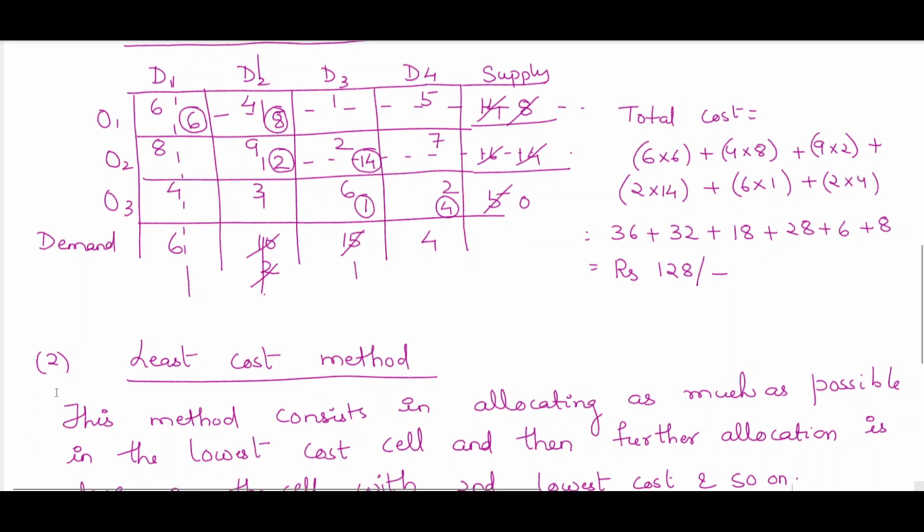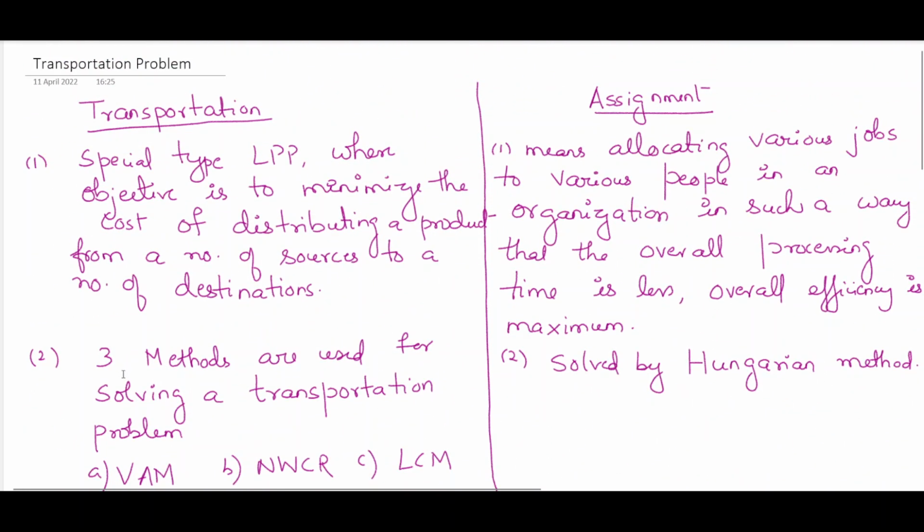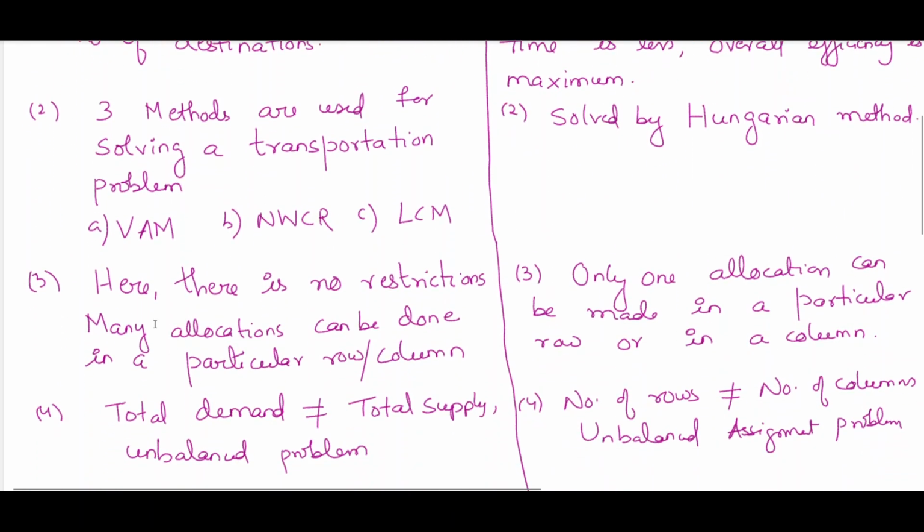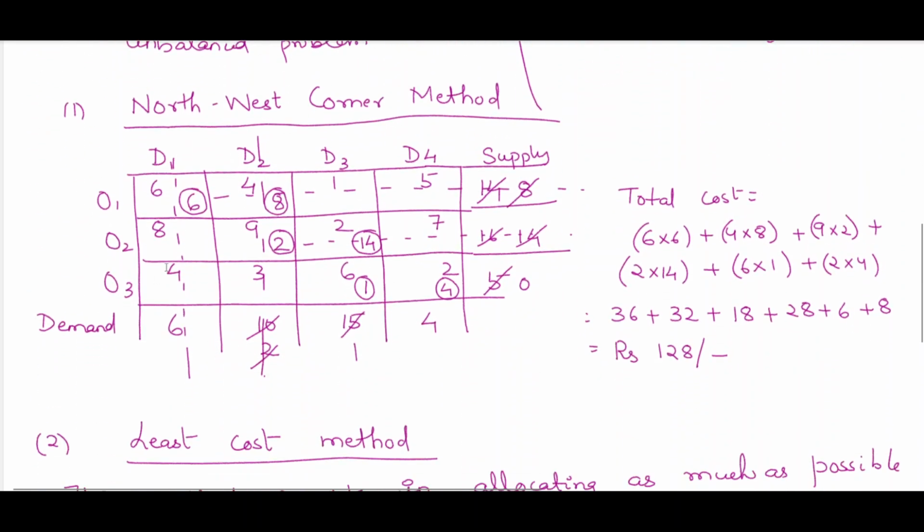If you see the definition of transportation, there is no restriction here. Many allocations can be done in a particular column or row. You can see that in this particular row, two allocations have been made, here also two, here also two.